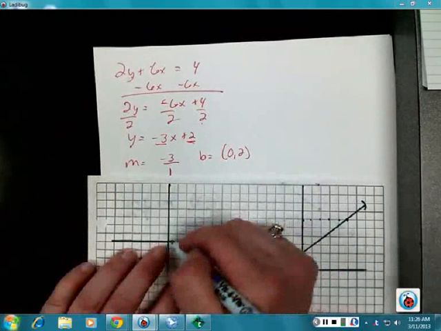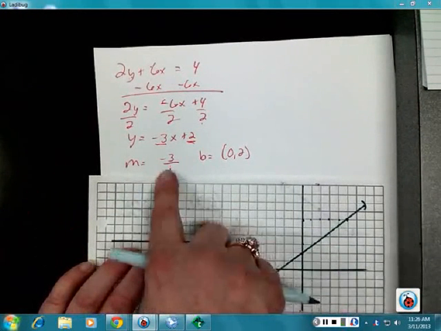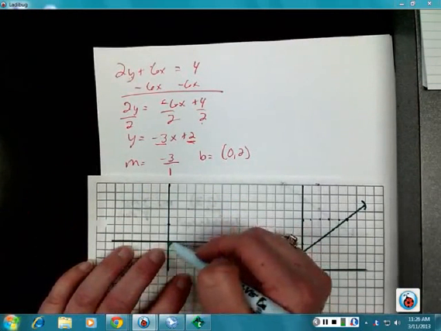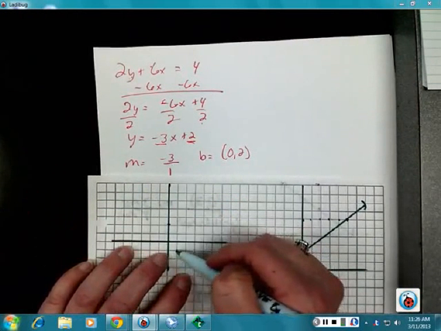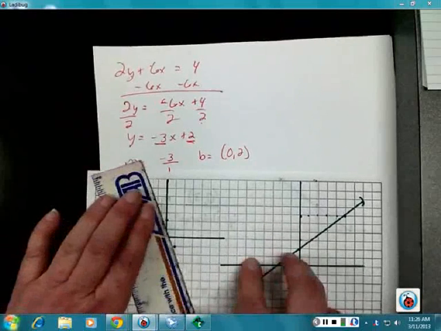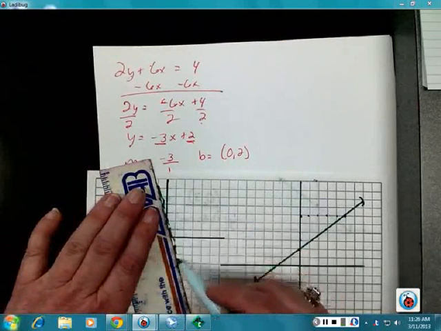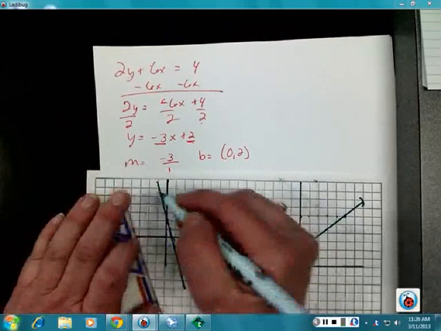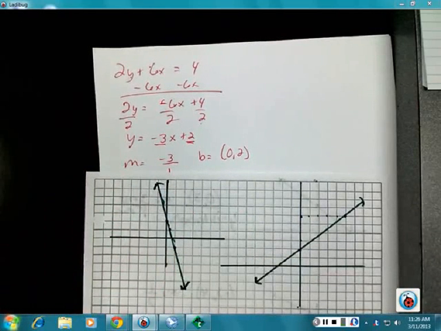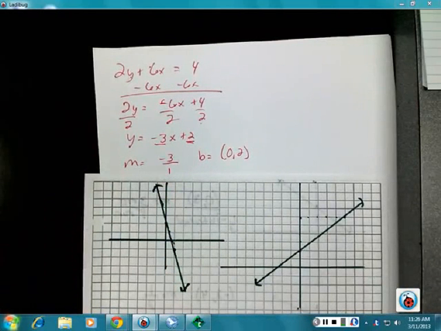So that's 0, 2. Hit enter on your computer. Then my rise says down 3, 1, 2, 3, and over 1. And as soon as you plot that point, Hawks will automatically put in your line. And so your line will run right straight through there, and that will be your line. Again, because the slope is negative, I get a negative slope with that one.